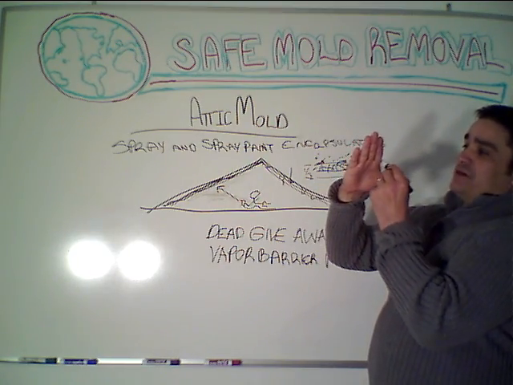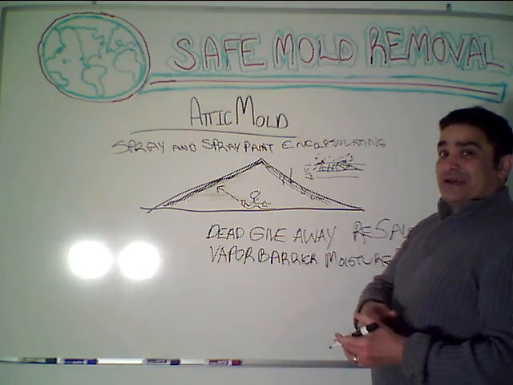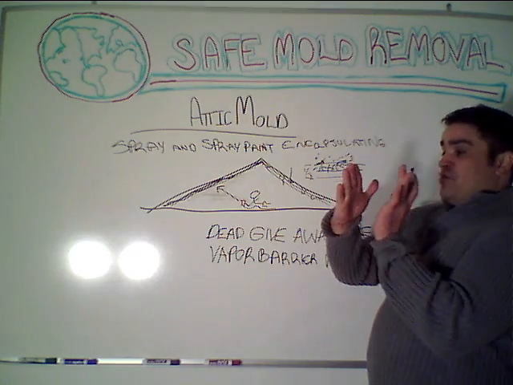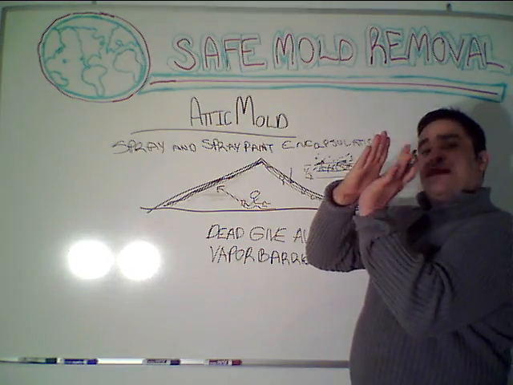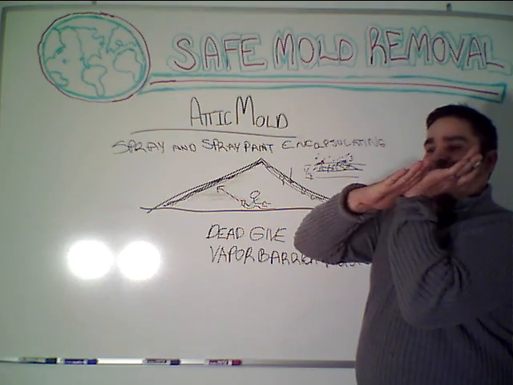And if the root structures have not been killed, and remember we said 90% of the biocides do not affect the root structures, so what happens is you've now trapped moisture in the wood. The root structures are locked in.